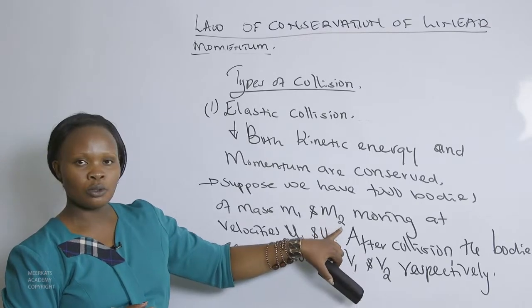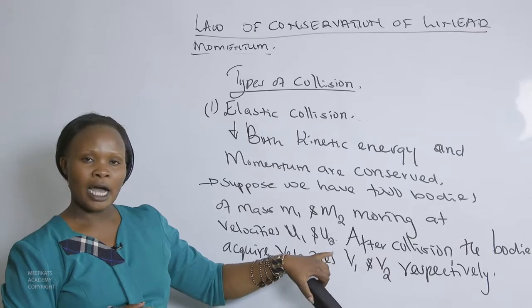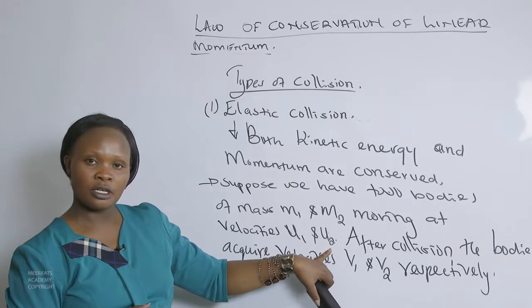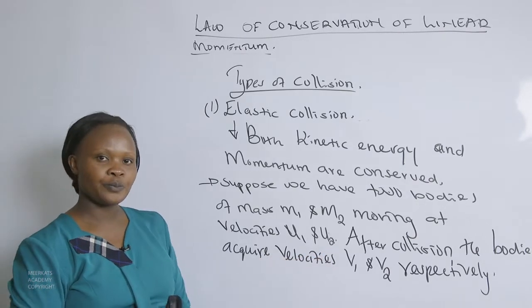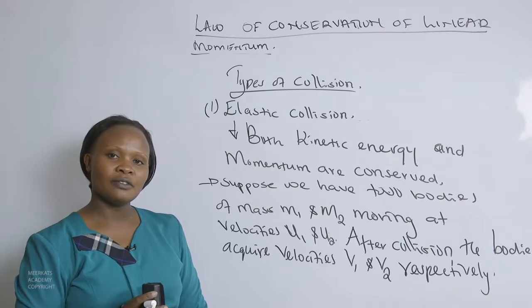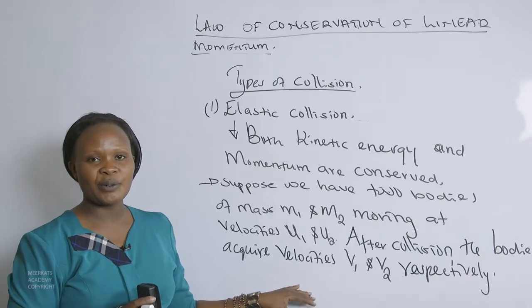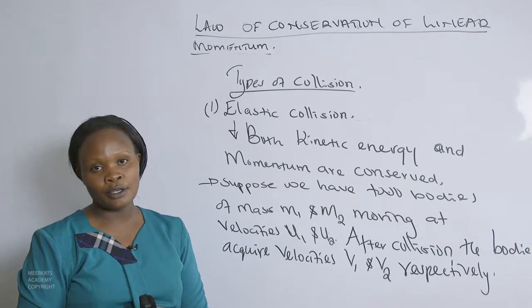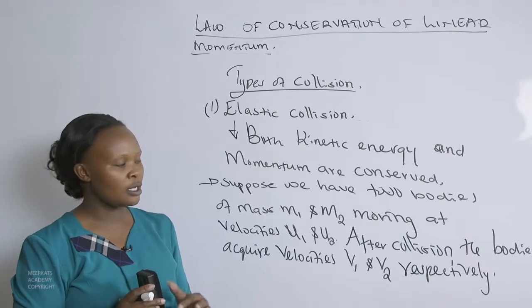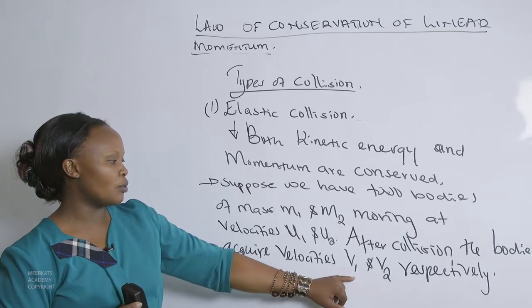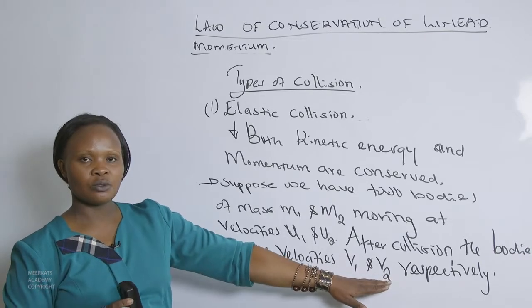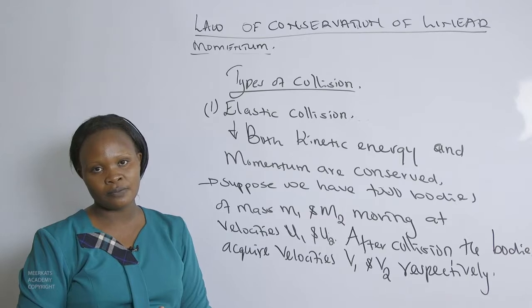Body m2 is moving at a velocity u2. Now, after collision, these 2 bodies acquire new velocities, which we are calling v1 and v2 respectively.